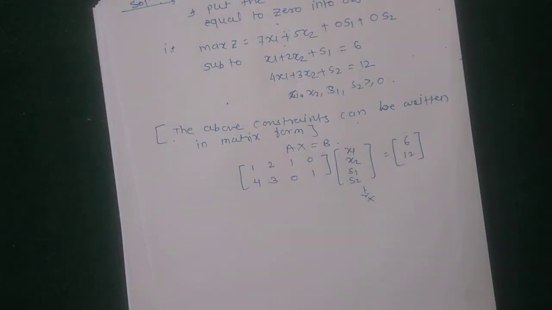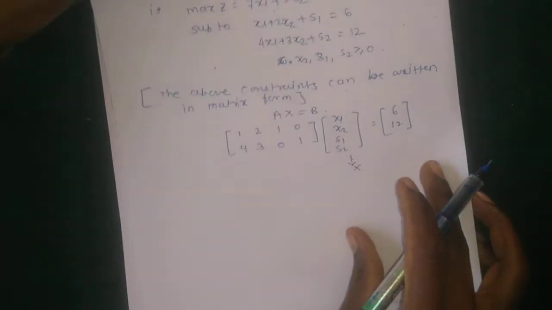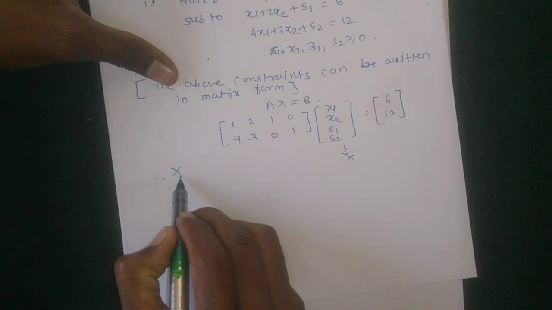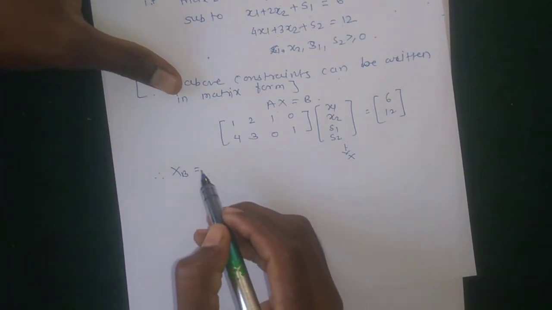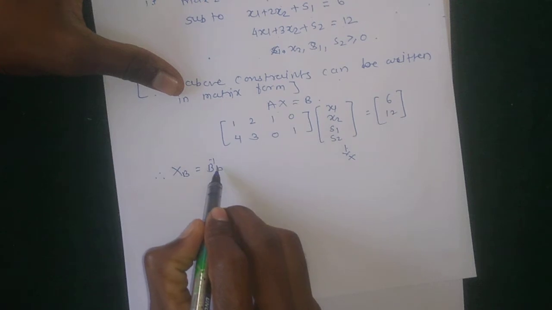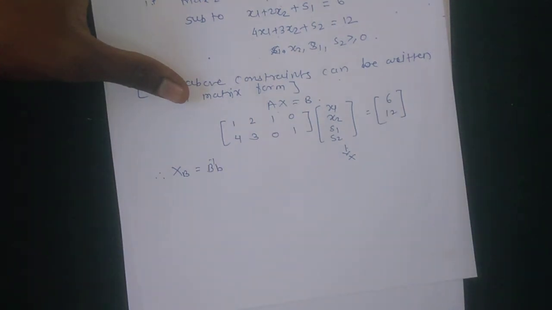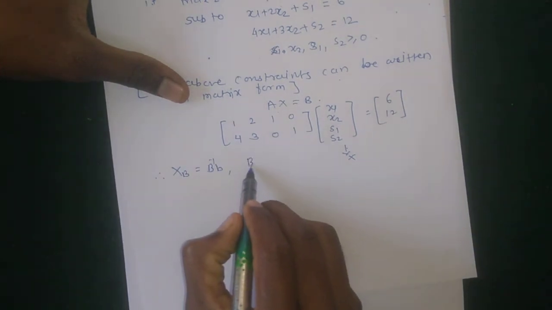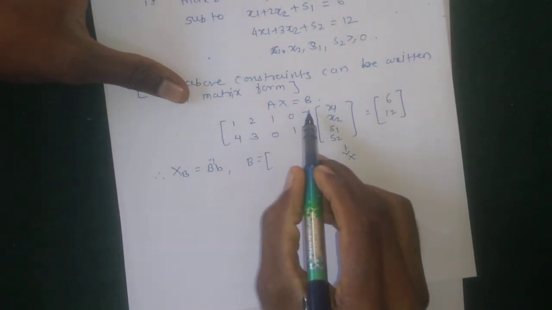Now xb is equal to B inverse b, where B is a matrix.